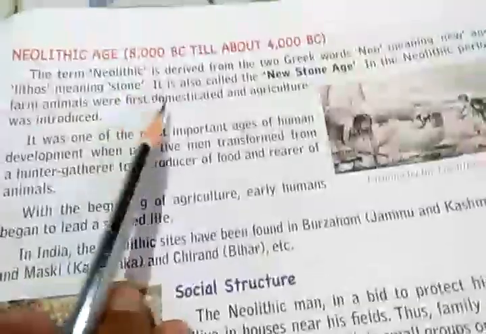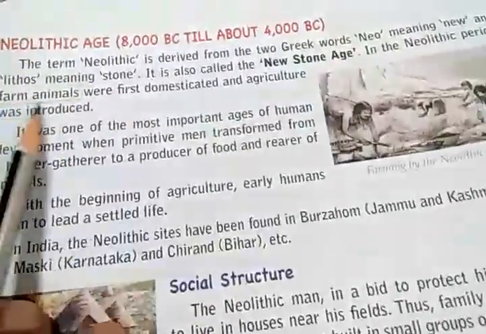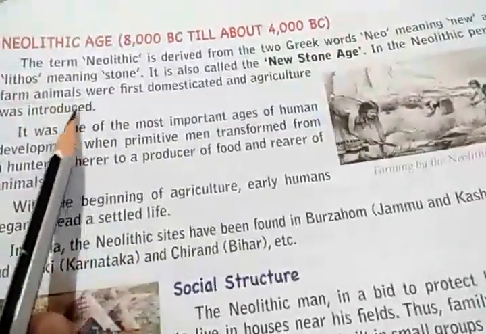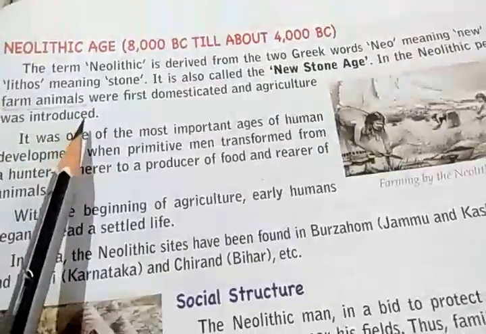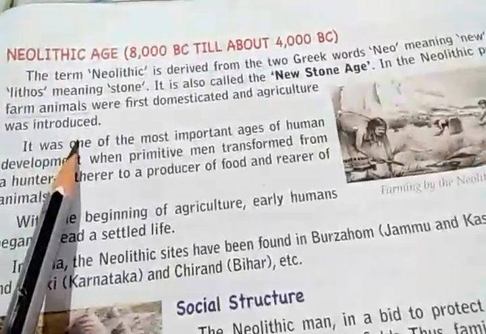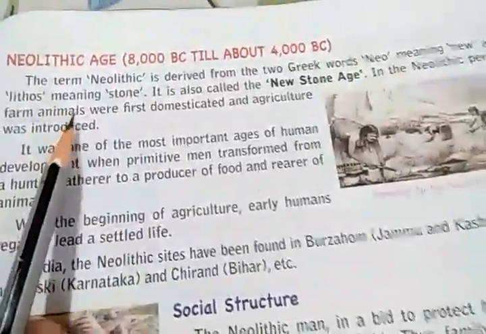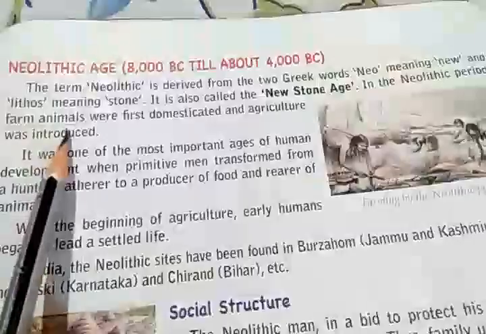So farm animals, and agriculture was introduced, because for these farm animals they always looked for fertile land. Fertile land means where plenty of grass or small plants grow, because that was the food of these animals, fodder for the cattle.